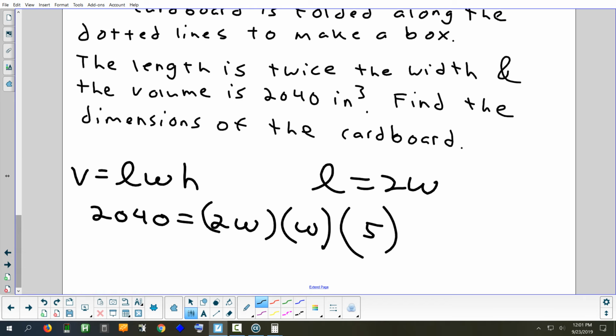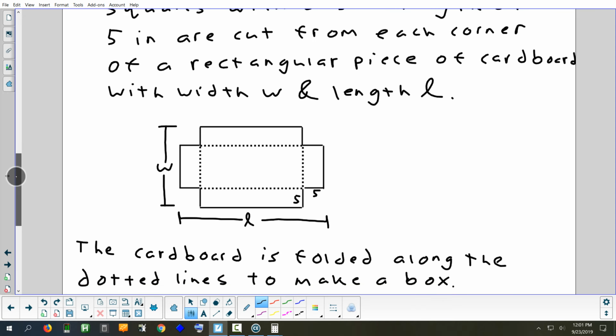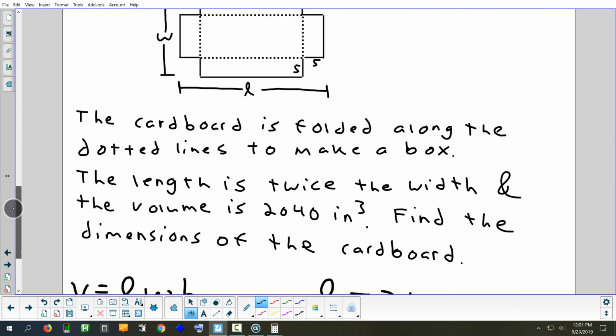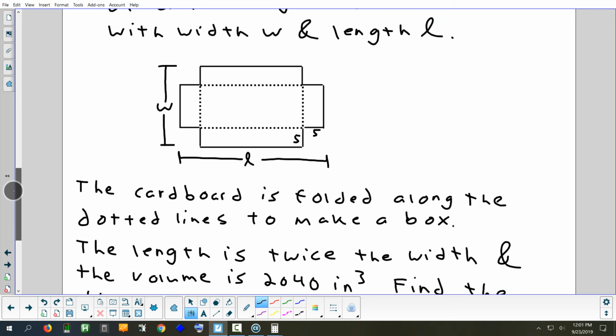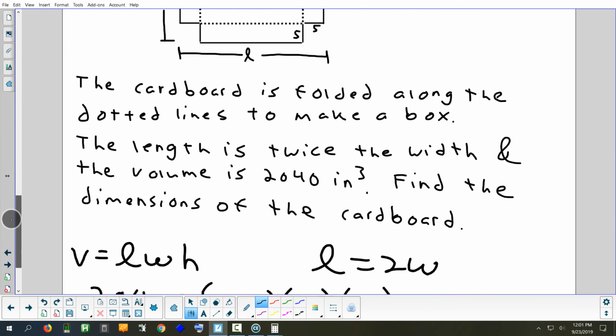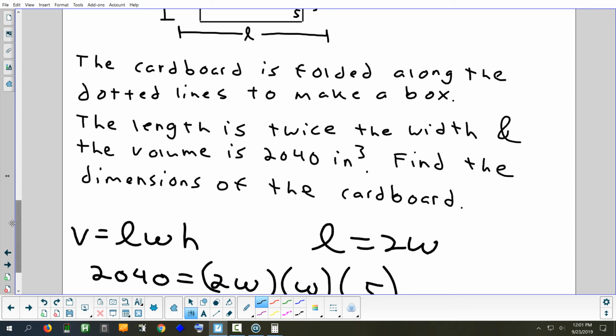Length is twice width. Now, one thing we've got to be a little bit careful about is the 5.